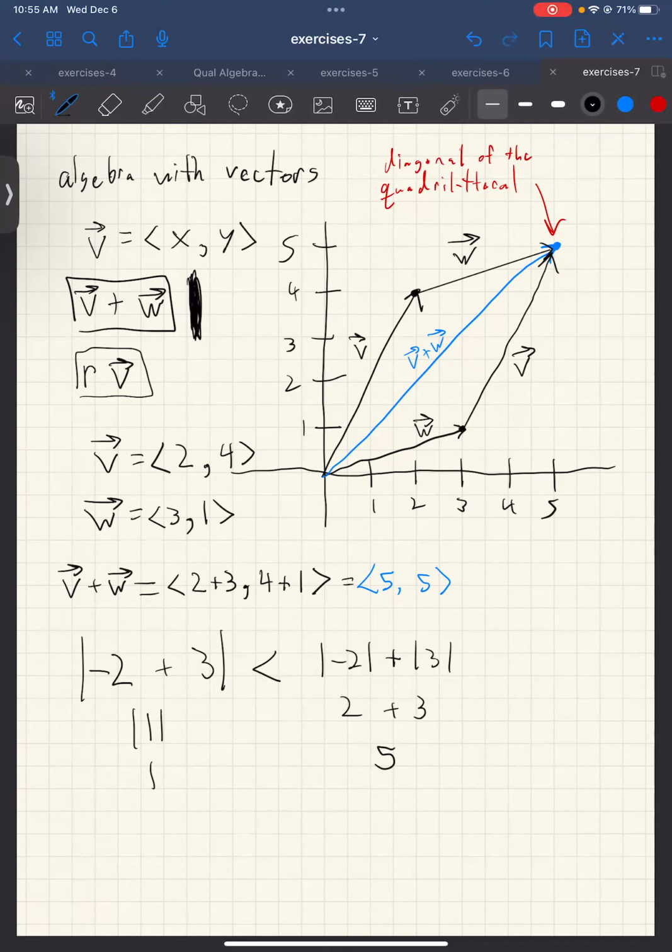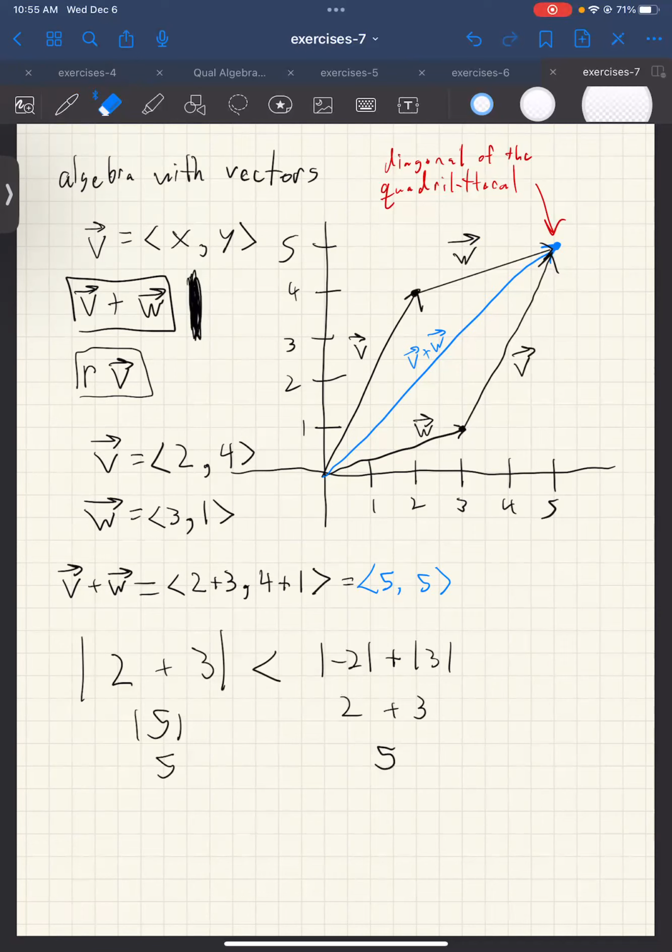So the absolute value of negative 2 plus 3 is less than the absolute value of negative 2 plus the absolute value of 3. Well, what if we didn't have this negative right here? Then instead of negative 2 plus 3 giving me 1, 2 plus 3 would have given me 5, whose absolute value would still have been 5. So in this case, they would be equal.